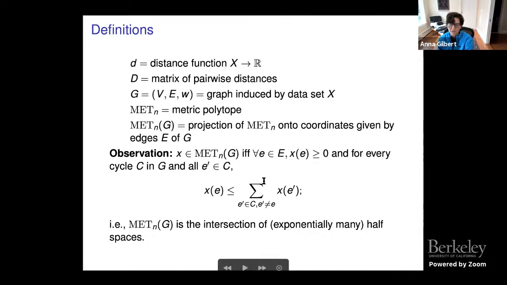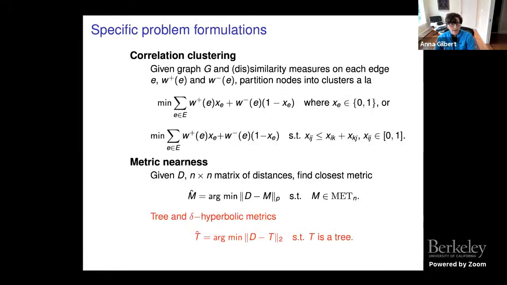So in the standard triangle inequality, the triangle is the cycle, and you have no edge longer than the sum of the other two edges in the cycle. Note that the metric polytope induced by the graph G is given by an intersection of half spaces, potentially a lot of them, depending on how many cycles are in this graph. Okay, those are the objects under our study.